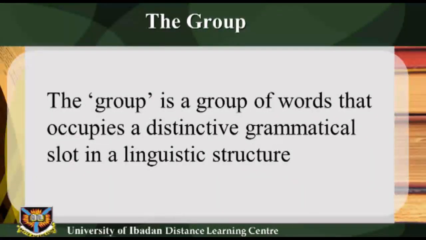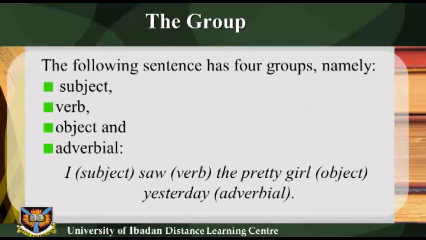The group refers to a group of words that occupies a distinctive grammatical slot in a linguistic structure. For instance, the following sentence has four groups, namely subject, verb, object, and adverbial: "I" (subject), "saw" (verb), "the pretty girl" (object), "yesterday" (adverbial).